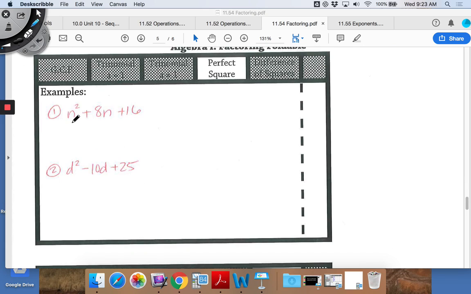This is a perfect square, n times n. This is a perfect square, 4 times 4. So it also has a middle term. So I know it's going to be n plus 4, n plus 4, because 4 times 4 gives me 16, and 4 plus 4 gives me positive 8.